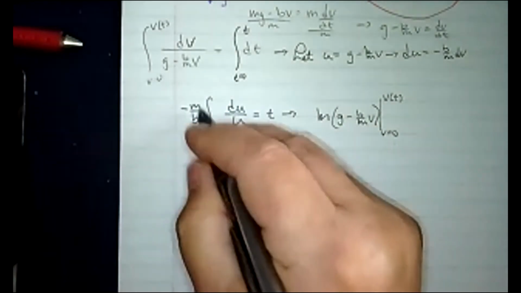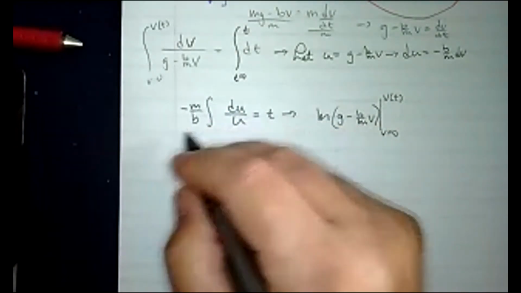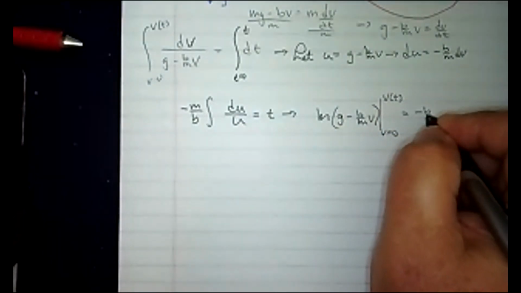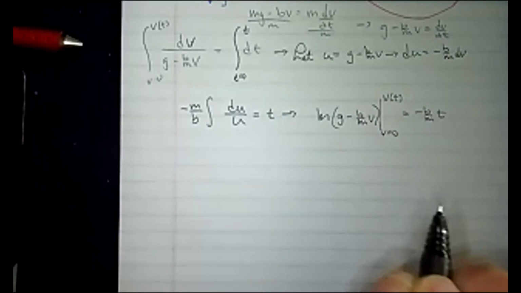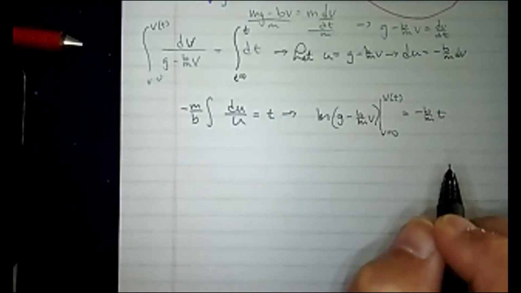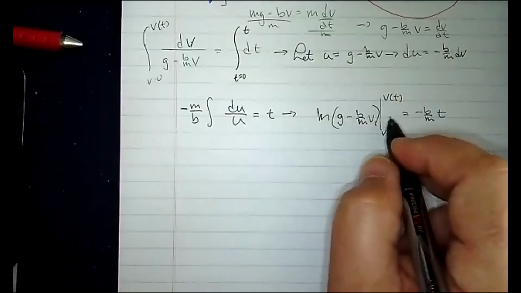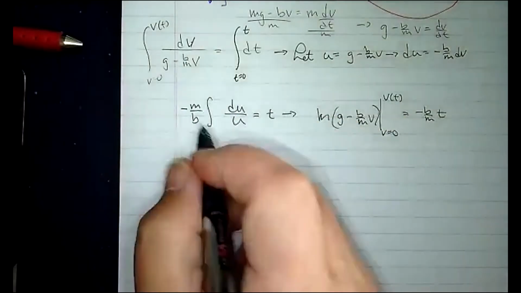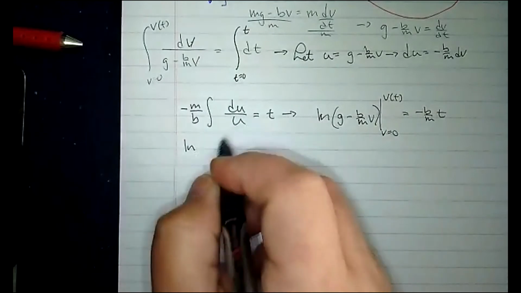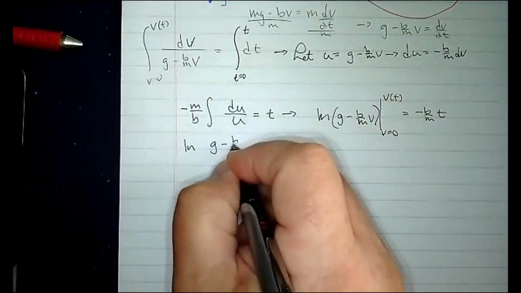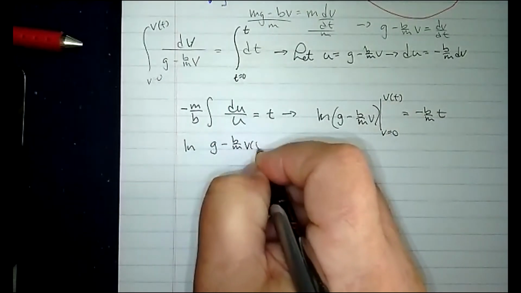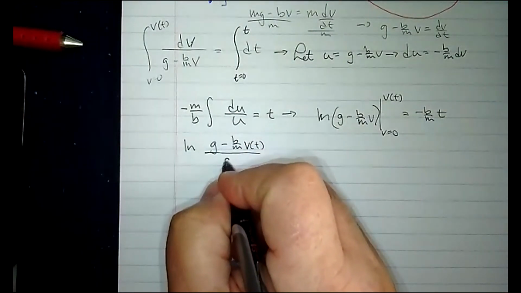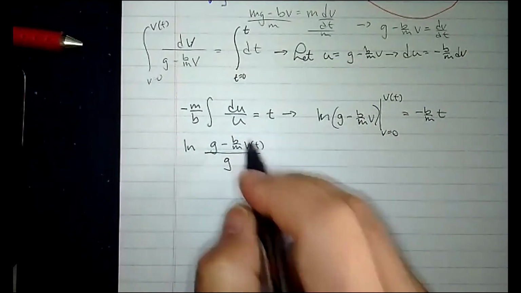I'm going to go ahead and multiply both sides of the equation by negative b over m. So this will equal negative b over m times t. And now I will complete this portion by evaluating this log at these two values, and I will get the natural log of g minus b over m v of t over just plain g, because when v is 0, we get that.